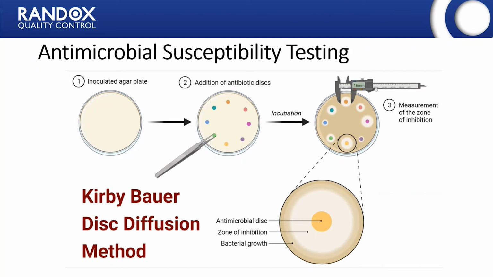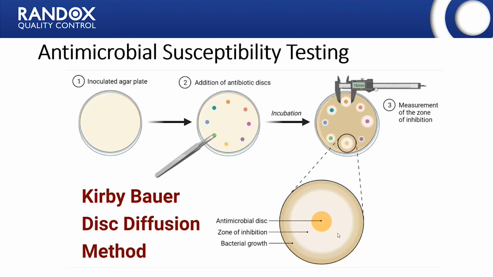Basically, they're working from left to right here. You take the inoculated agar plate, which has your microbe on it. You place on that different discs of antibiotics at a standard concentration. Then you incubate that overnight, and what you'll see are these clear areas appearing around the discs, the zones of inhibition.